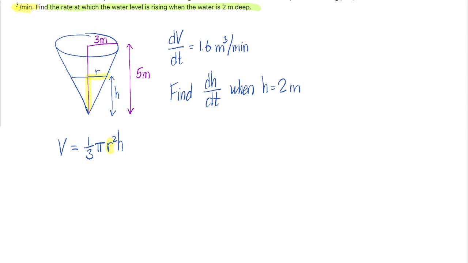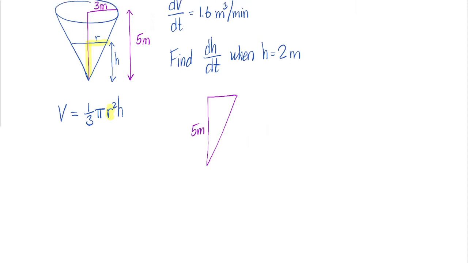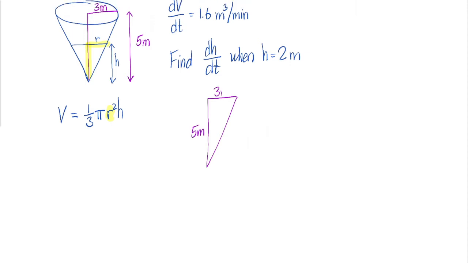So if we're going to sketch that out here, we have the height of the cone right there. So this is 5 meters. The radius at the top of the cone is 3 meters. And then we have the water level down here, where we indicate the radius with r and the height with h. So these are similar triangles.